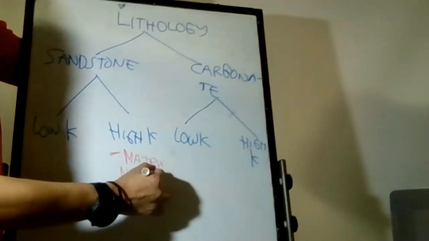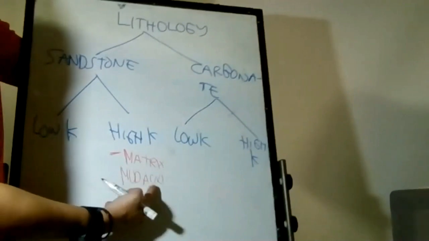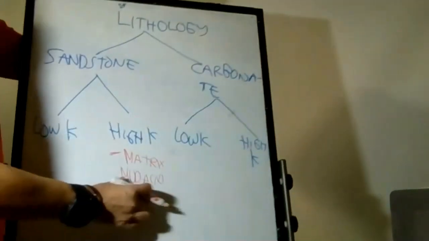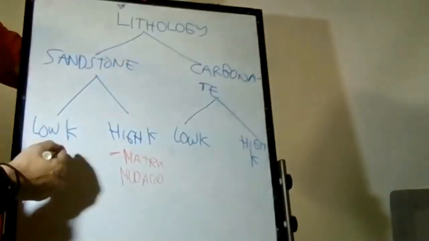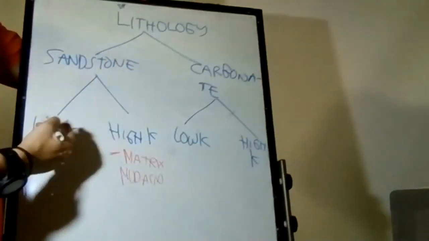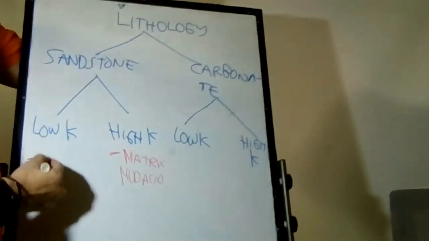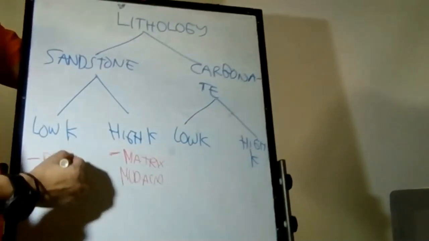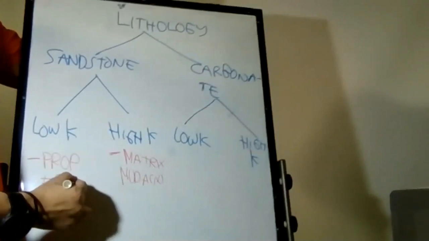Mud is M-U-D acid, right? Matrix acidizing with mud acid, not with HCl. Now, when you deal with low permeability sandstone, you don't have any other option but proppant fracturing. We call it prop frac, right?